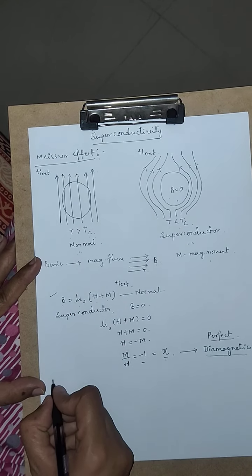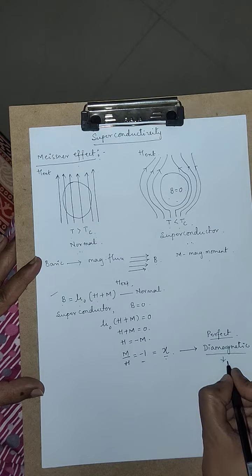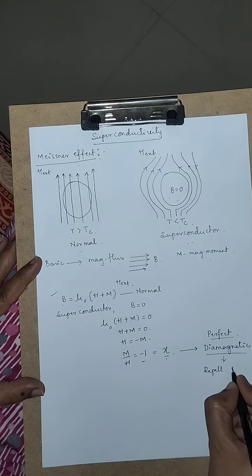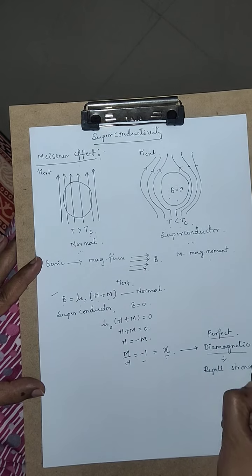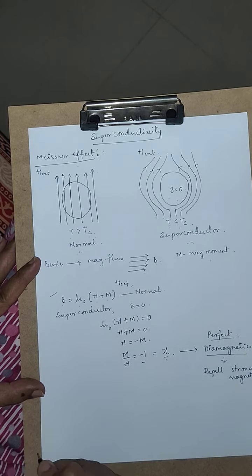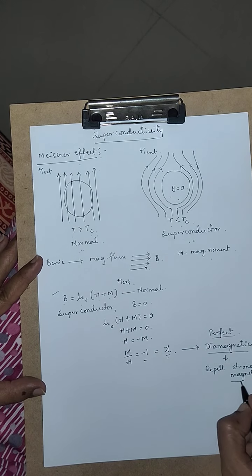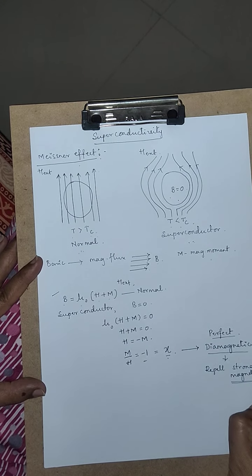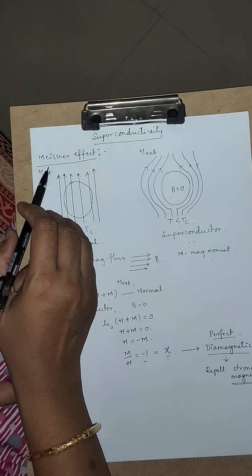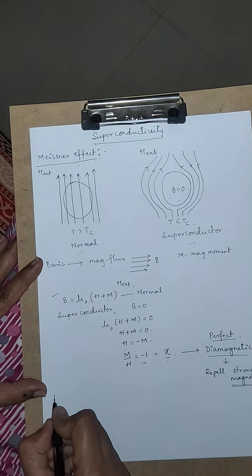We know that the property of a perfect diamagnetic material is that it repels strong magnets. This repulsion with strong magnets can be used for many applications. Hence, the Meissner effect is used for two purposes.